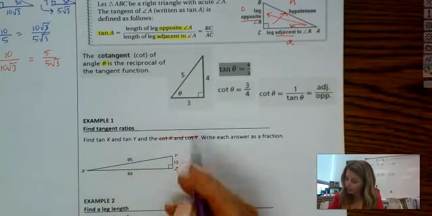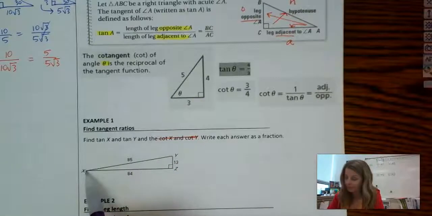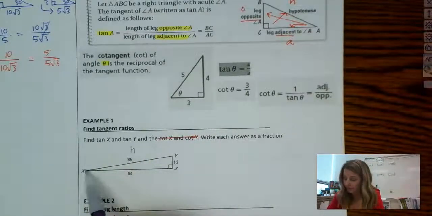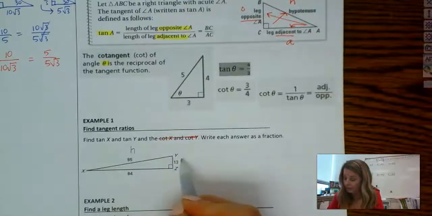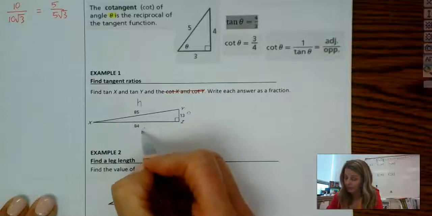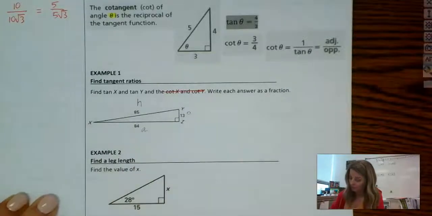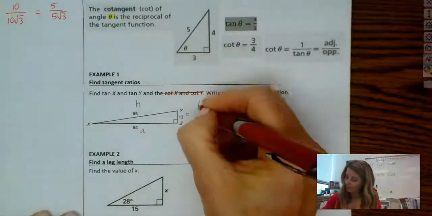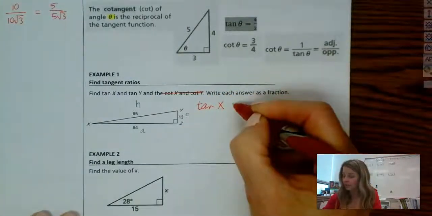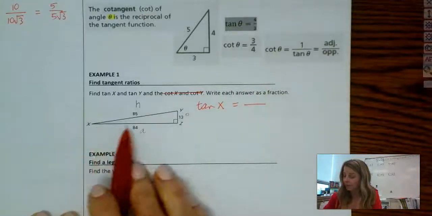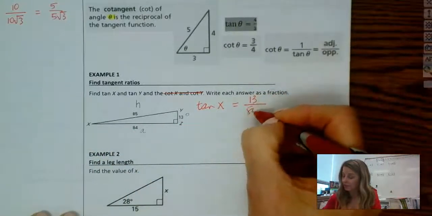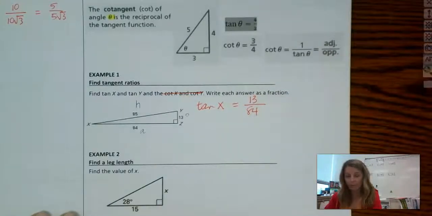All right, angle x, right here. From angle x, first of all, here's the hypotenuse. From angle x, the 13 is the opposite leg, and the 84 is the adjacent leg. So I'm able to say that the tangent of x is equal to the opposite leg, 13, over the adjacent leg, 84.